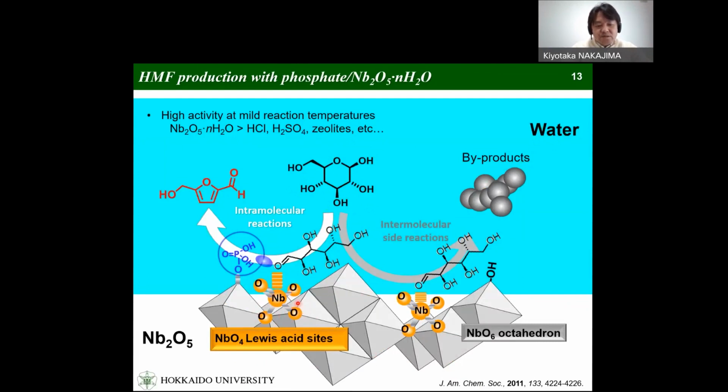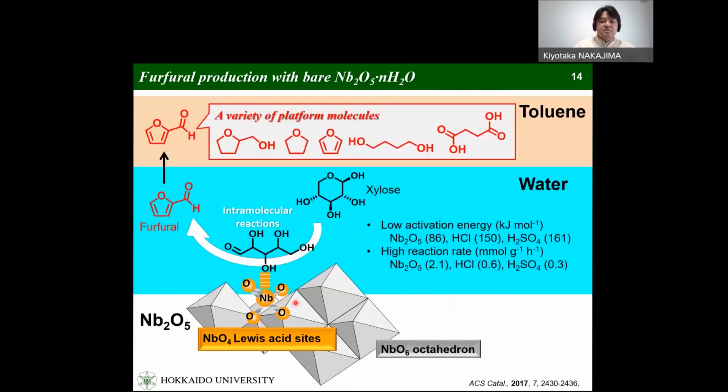The Lewis acid catalyst can work in water for sugar conversion and to produce HMF from glucose. And the activity of niobic acid is not so high compared to HCl, H2SO4, and some typical zeolite materials, but this finding contained a very important concept for the Lewis acidity to be utilized for sugar conversion. And this concept can be extended to other sugar conversion reactions.